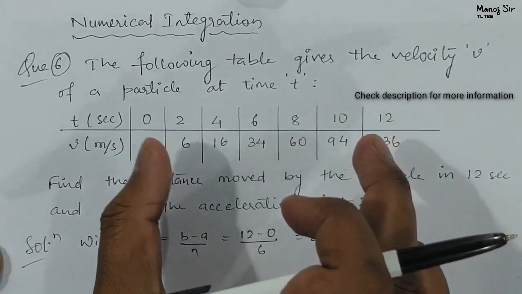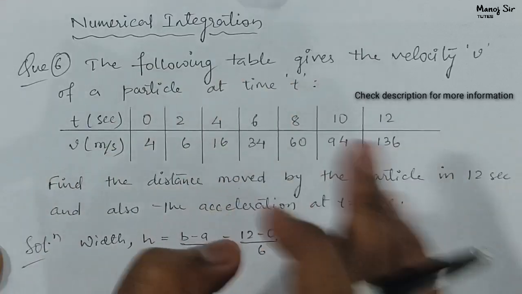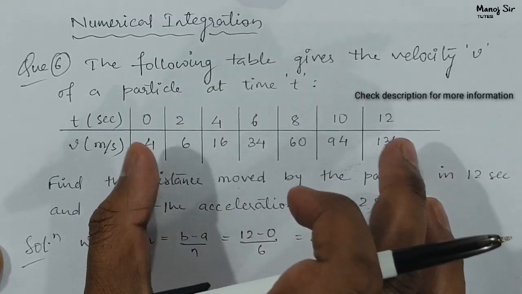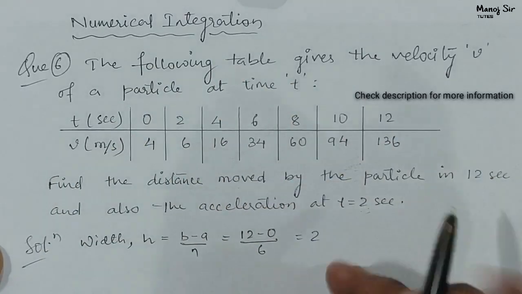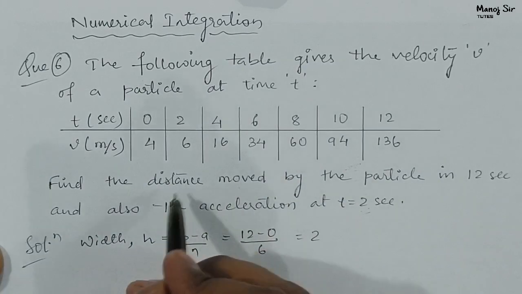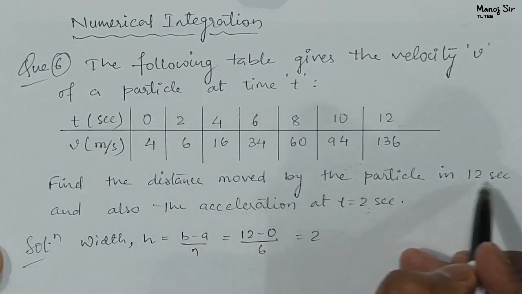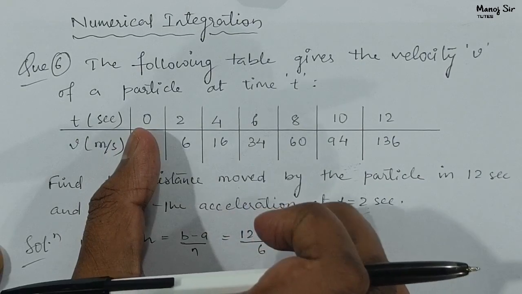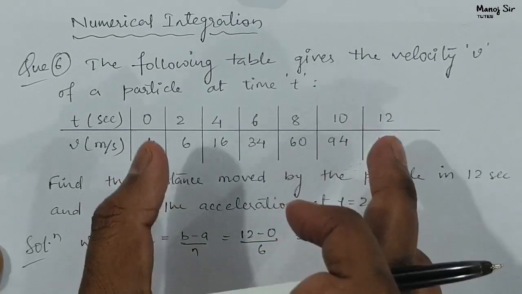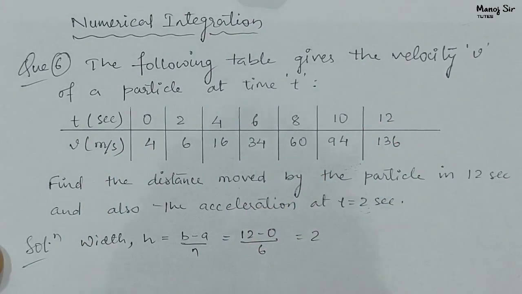But here the time is starting from 0, so we are not considering anything extra. We will take the values given in the table. Since the time starts from 0 to 12, we'll consider this whole table. So let us start.